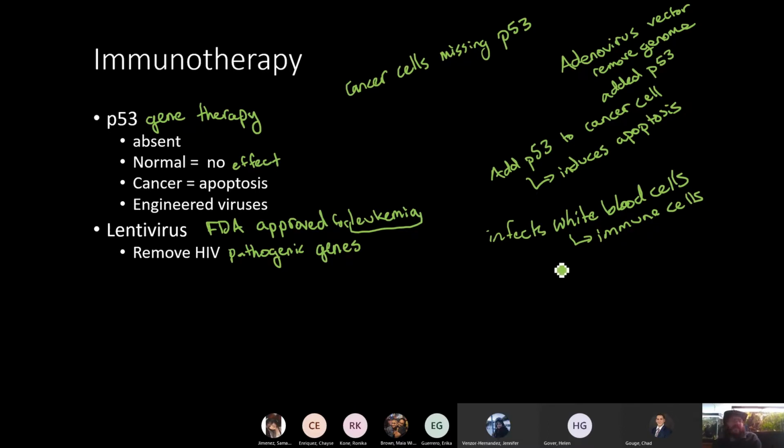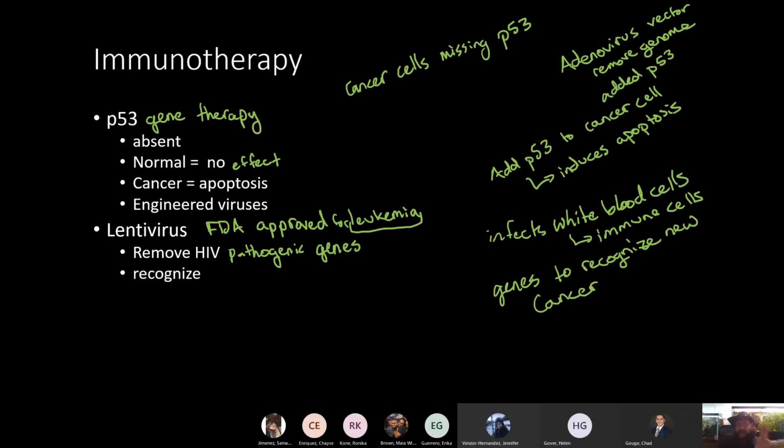So the whole idea of removing HIV's pathogenic genes and inserting new genes is that you can insert genes to recognize new cancers, specifically the type of cancer that person has.